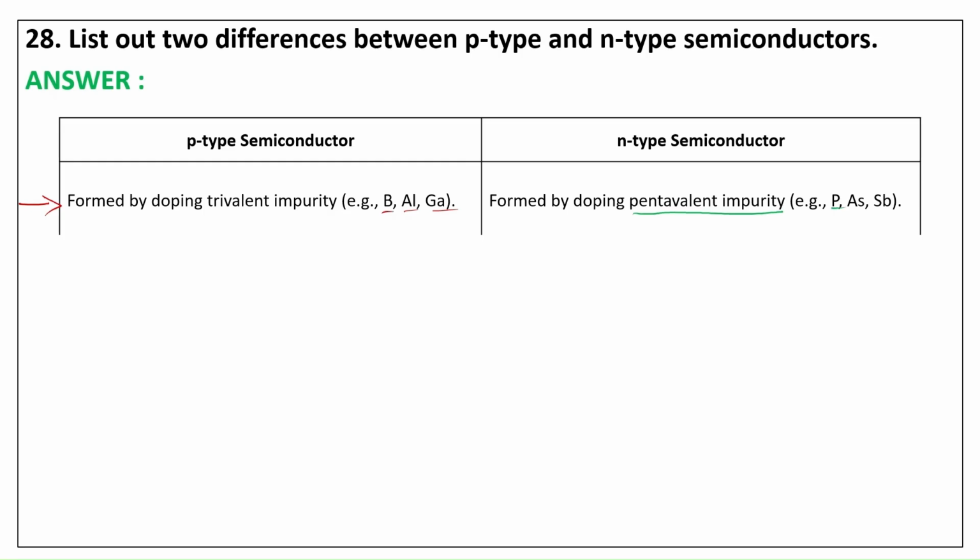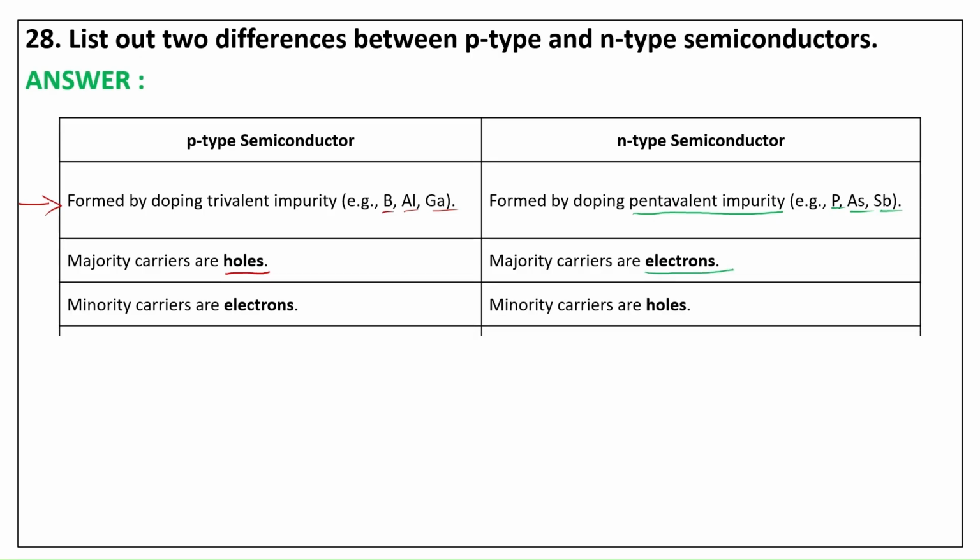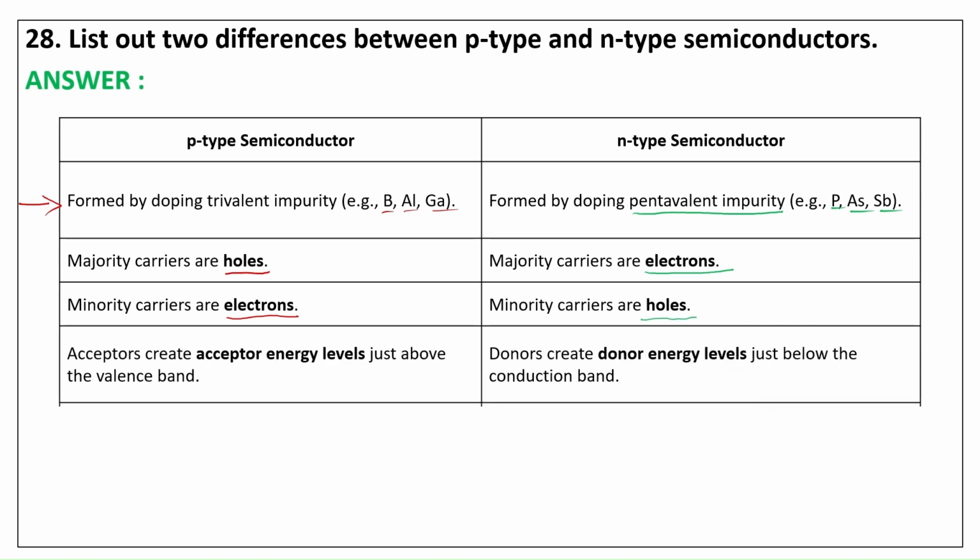For example, phosphorus, arsenic, antimony, etc. In p-type semiconductor, majority carriers are holes. In n-type semiconductor, majority carriers are electrons. In p-type semiconductor, minority carriers are electrons. In n-type semiconductor, minority carriers are holes.